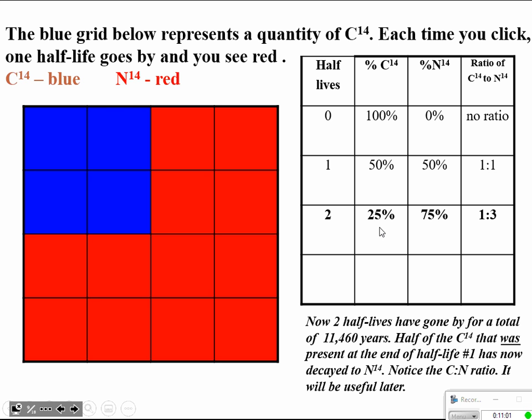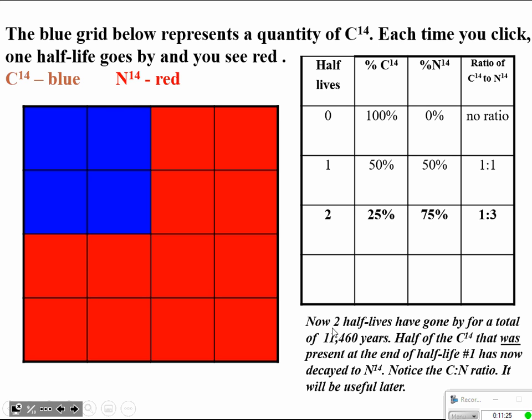So I have 12 blocks out of the 16 that are red now. So 75% is nitrogen-14. And my ratio now is 1 to 3. Now down here at the bottom, I've gone through 2 half-lives.